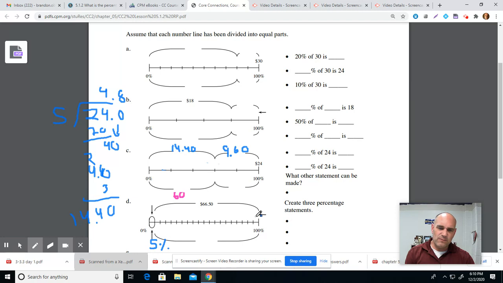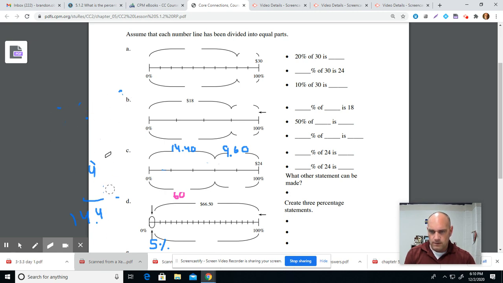And this 6650 is broken up into 20 pieces. So what you're going to need to do then is take your whole thing right here, which is 6650, and divide that by 20, because this whole thing is split up in 20 equal pieces. And then that'll be this little chunk. And then you've got to come up with some statements from there. So hopefully that helps a little bit.